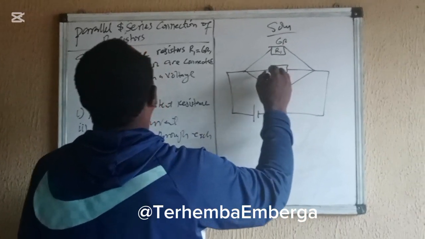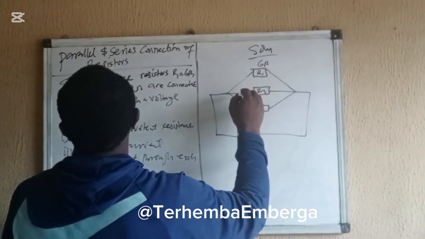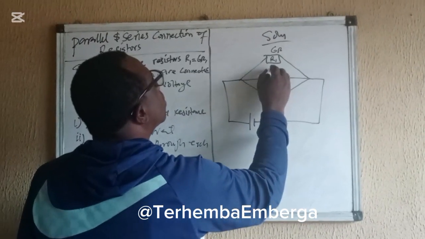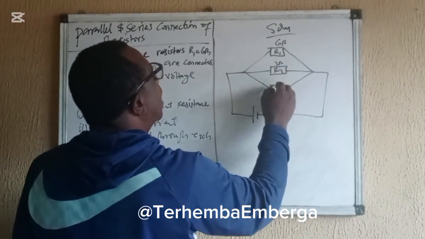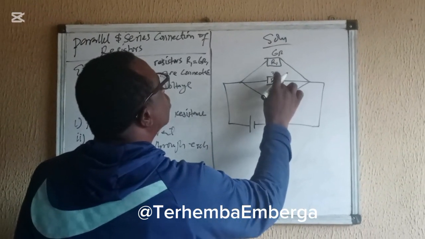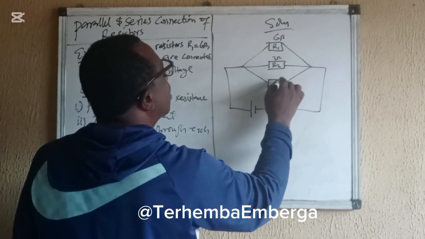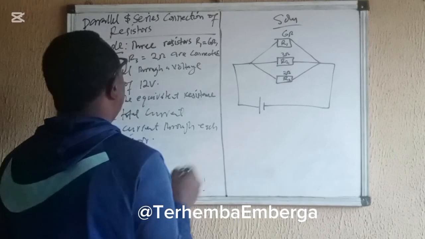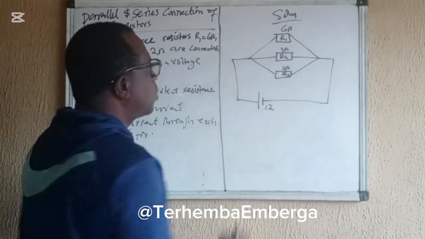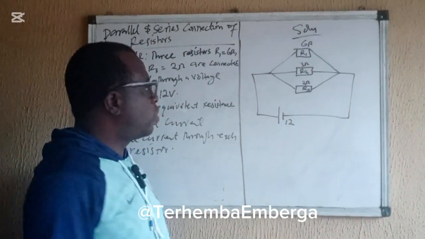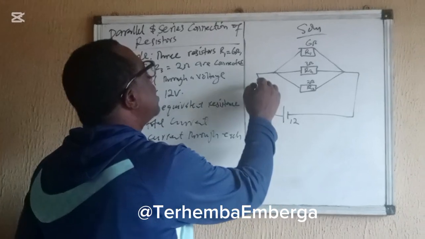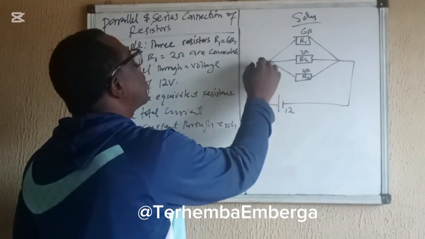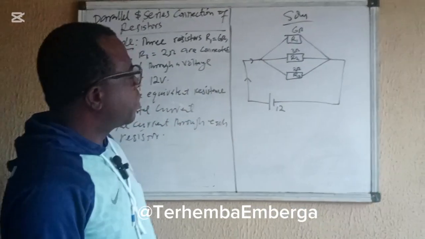R2 is 3 ohms. And R3, this R2, R3 is 2 ohms. And the voltage source is 12 volts. This is a rough sketch of what we are talking about. And this is the direction of the current. Current moving in this direction.